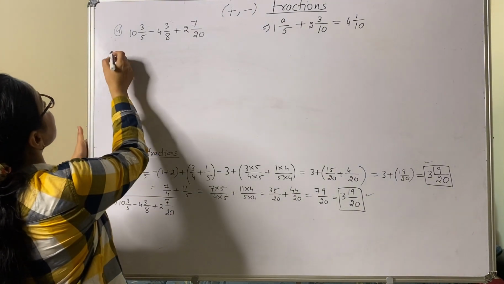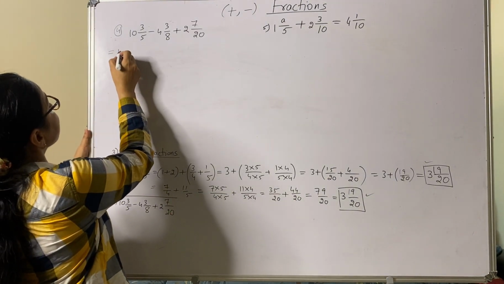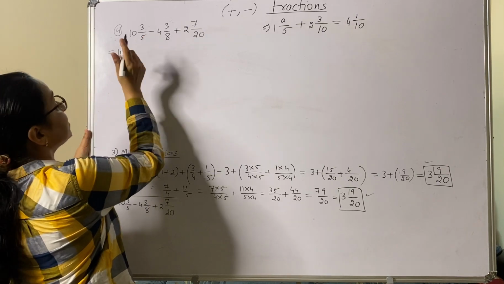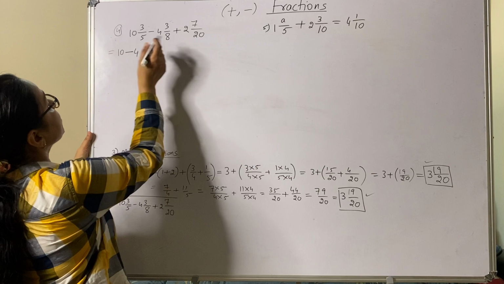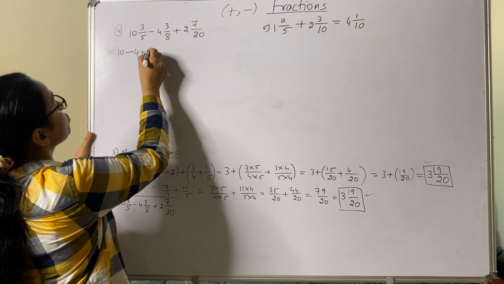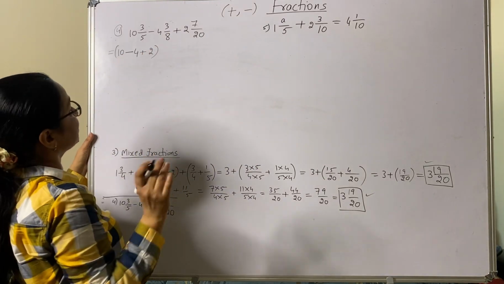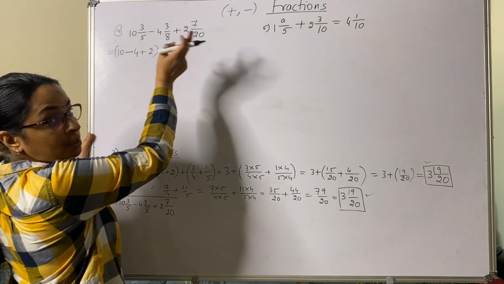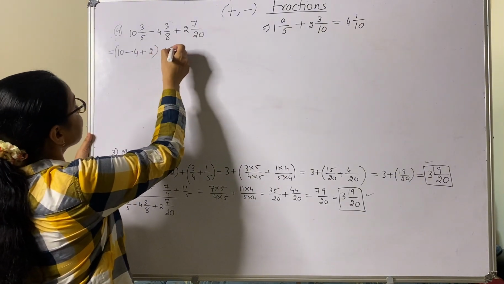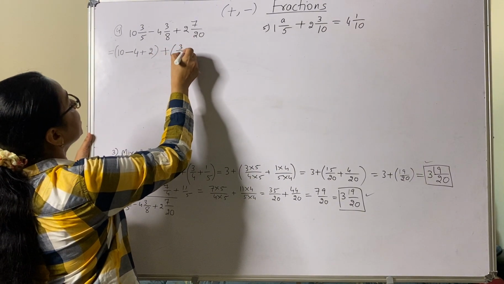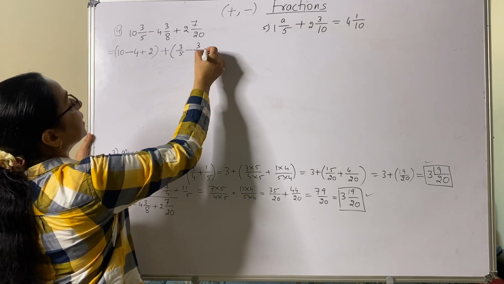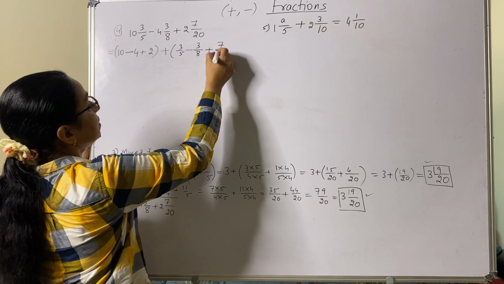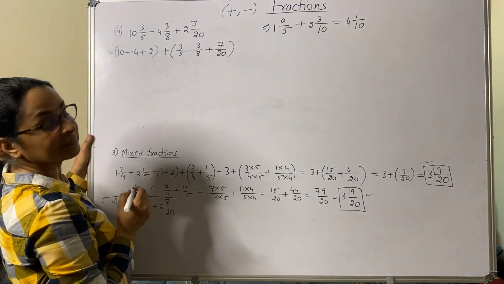So let us do it. My first whole number is 10, then here is minus, so I will be putting minus here, then 4, then plus 2, done. Now the fraction part: plus 3 over 5, again minus 3 over 8 and plus 7 over 20, right?